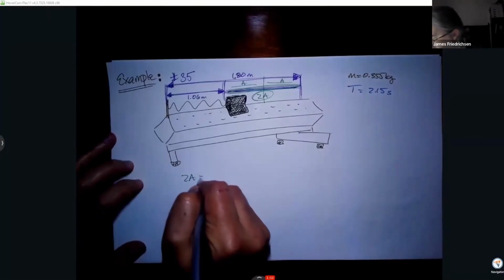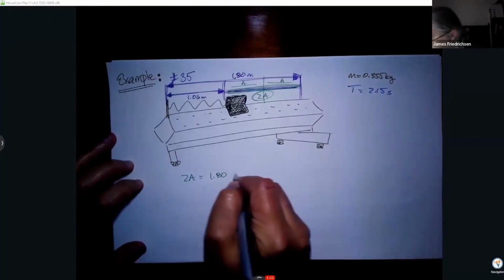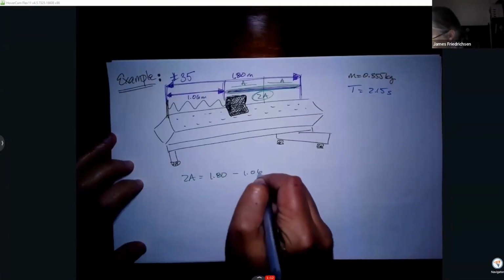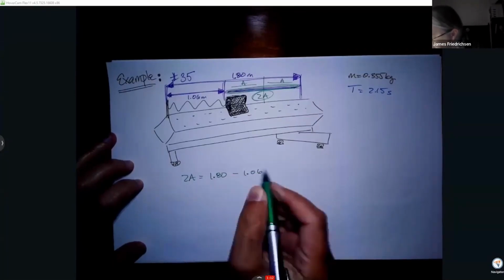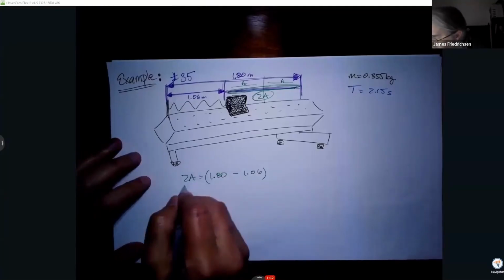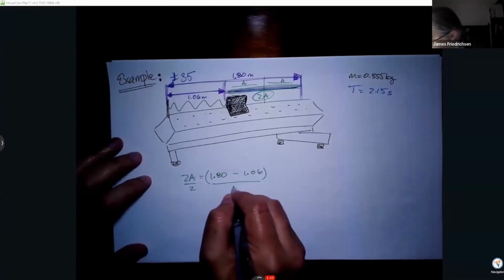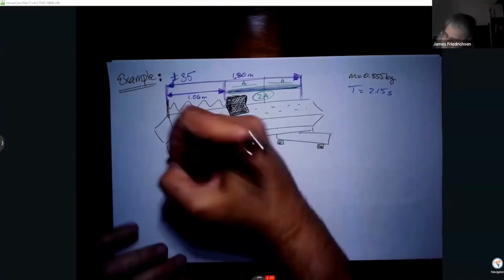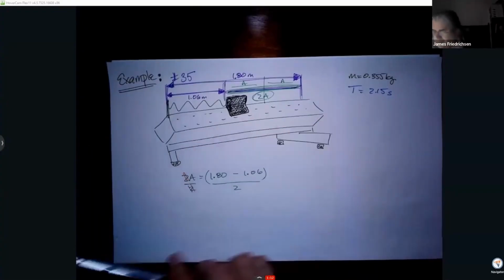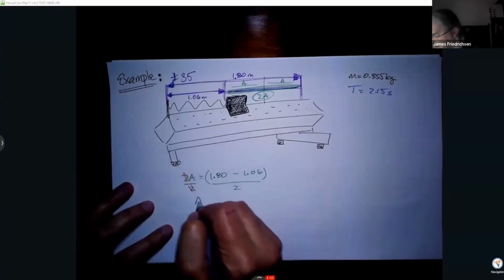So 2A will be 1.80 minus 1.06 meters. If we divide both sides by 2, then we can get the amplitude of the oscillation.